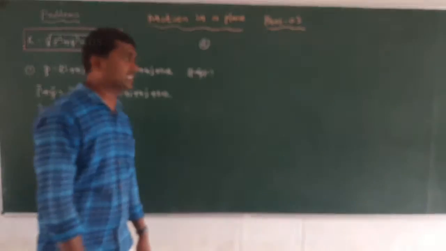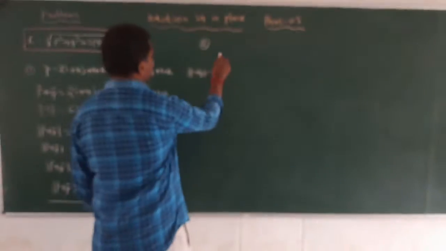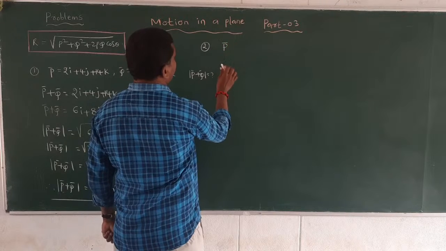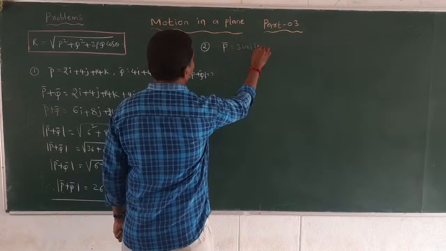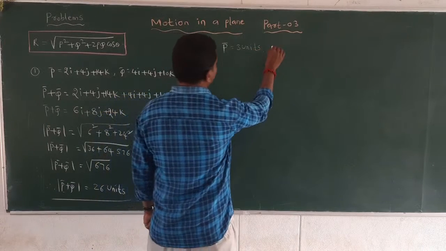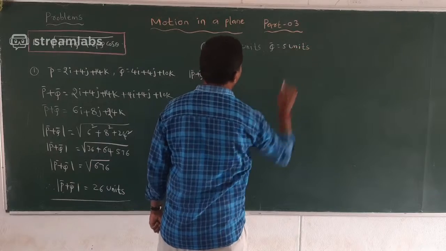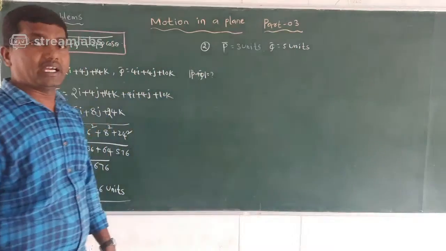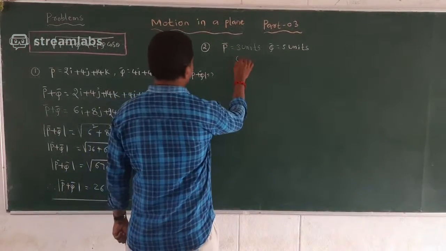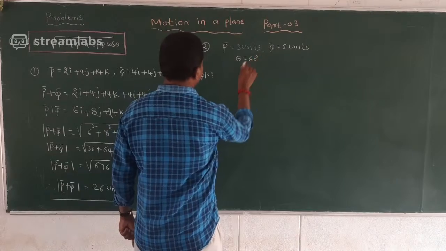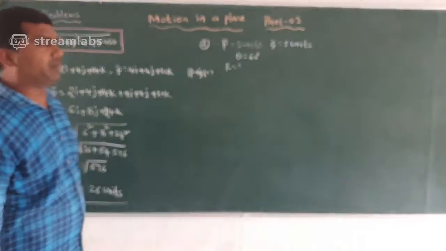The first vector is P bar equals 3 units, the second vector Q bar equals 5 units, and the angle between them, theta, is 60 degrees.